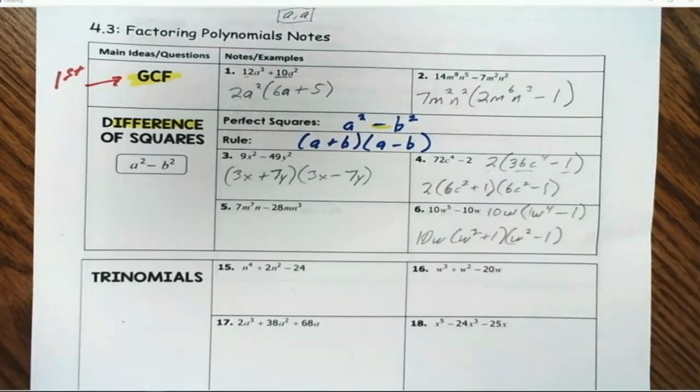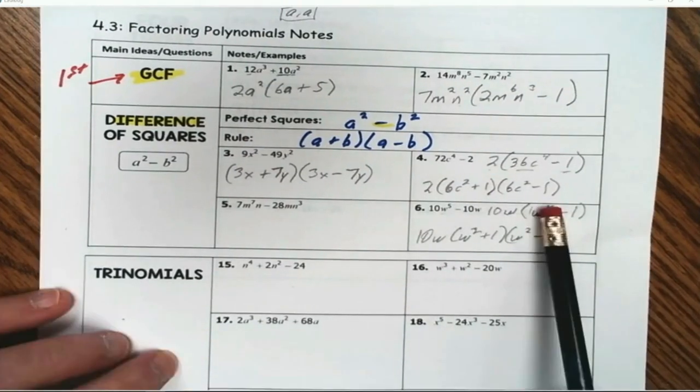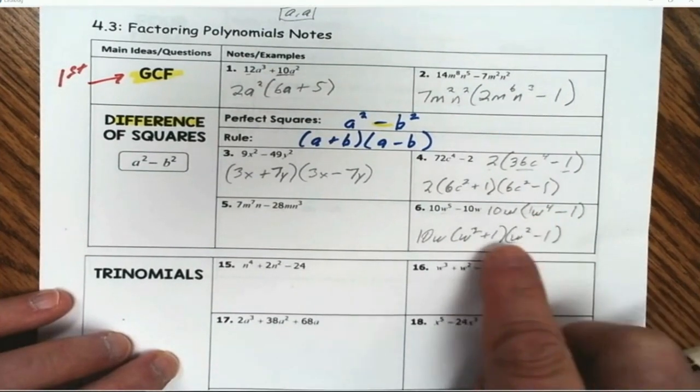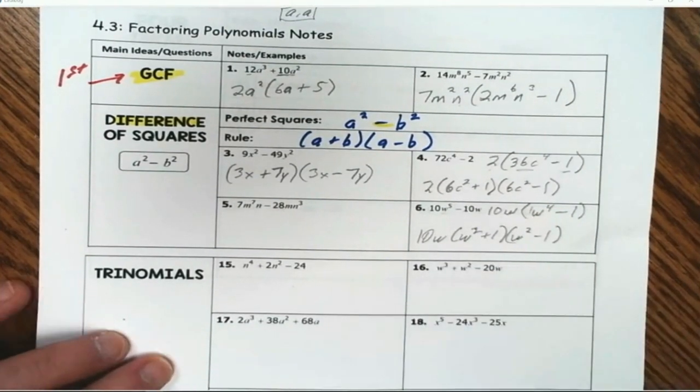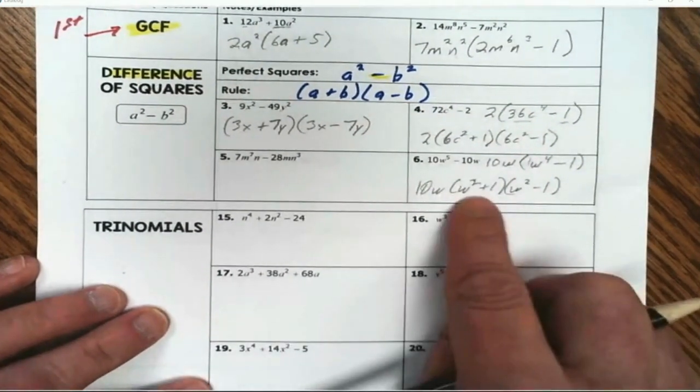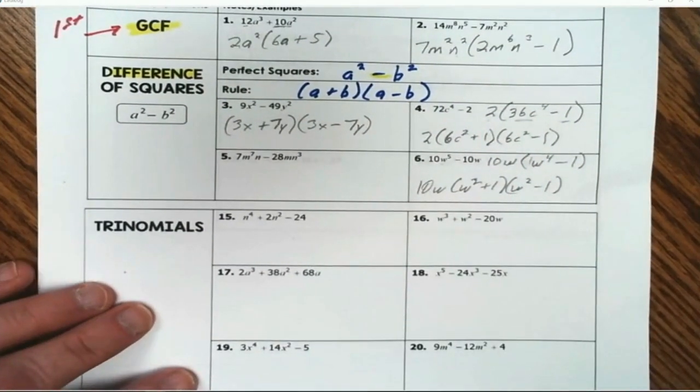So it kind of works like the one above it. We're just able to pull a w out this time, and that leaves us with a nice square. As long as this is an even number, you can split it in half with that exponent, because when you multiply exponents, you add them. So you just split it in half.